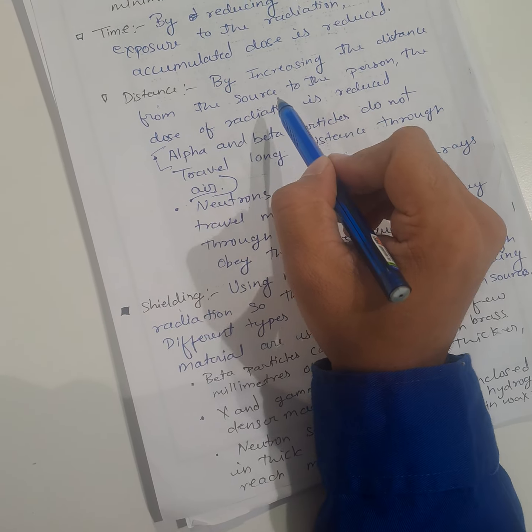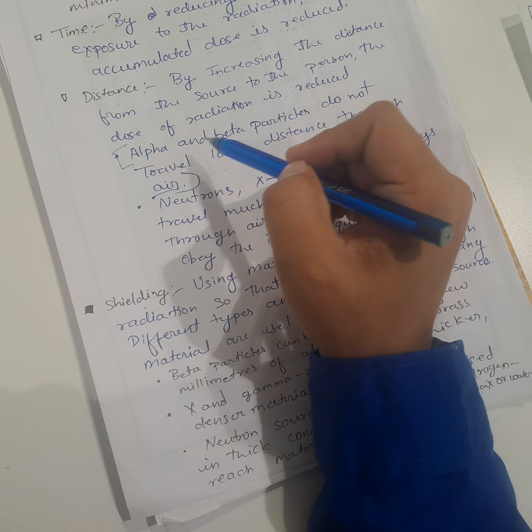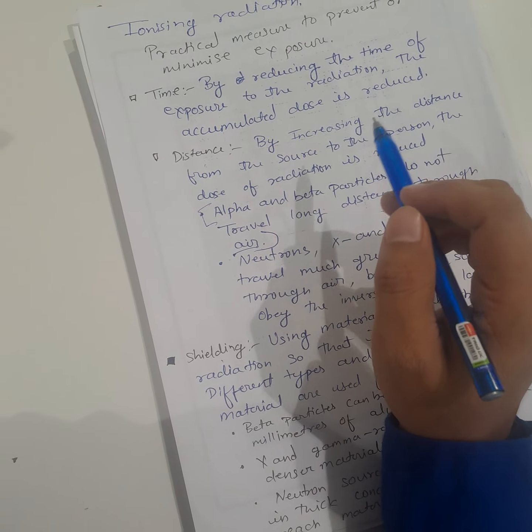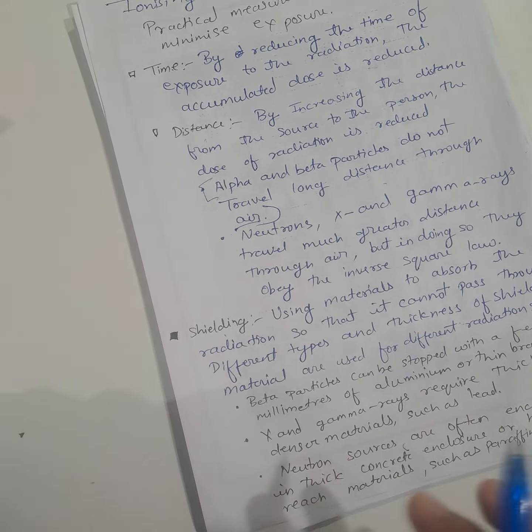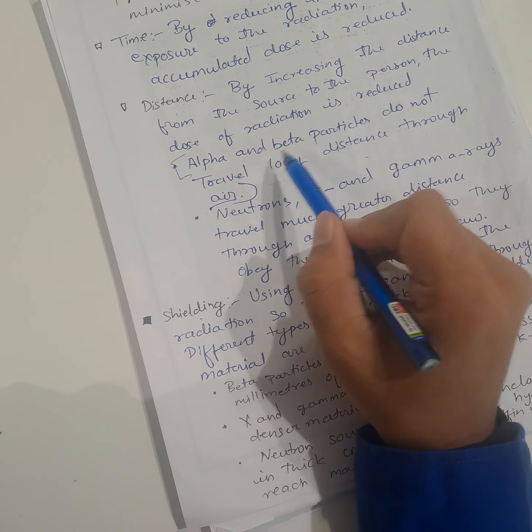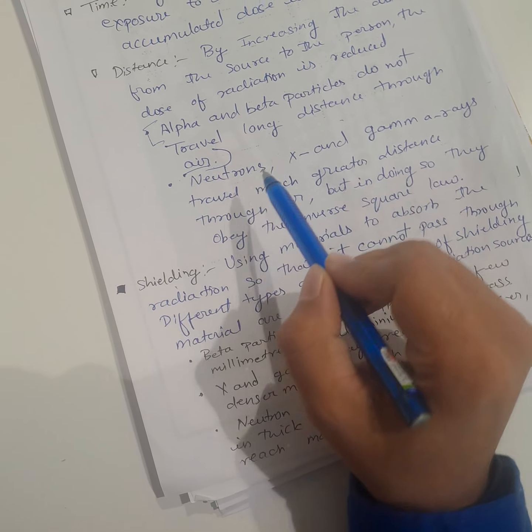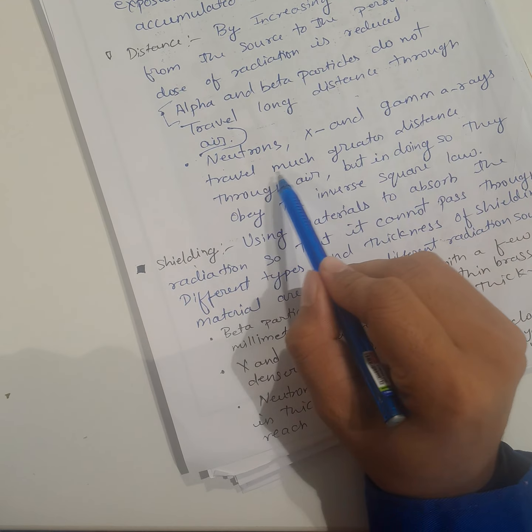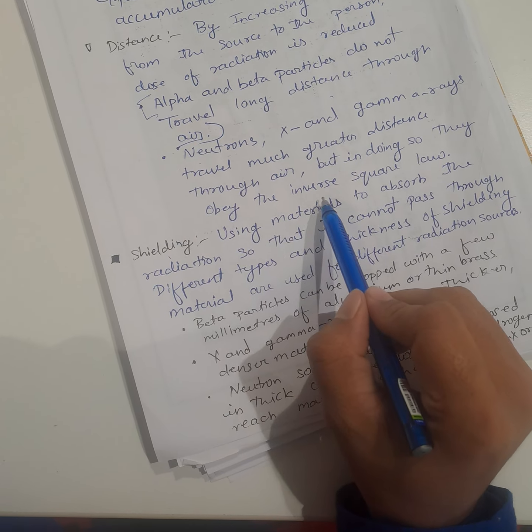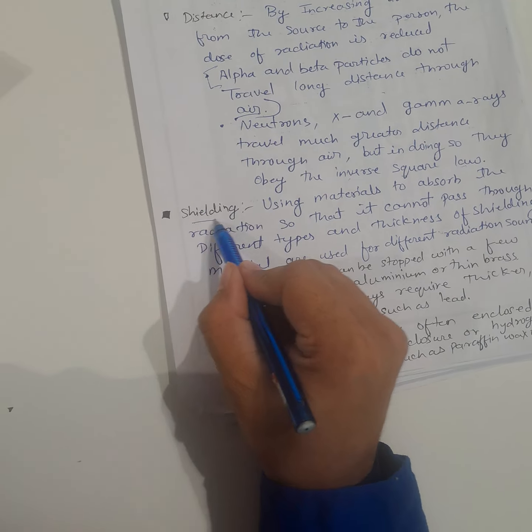If workers are at a very long distance, they will not be exposed. Neutrons, X-rays and gamma rays travel much greater distances through air, but in doing so they obey the inverse square law.